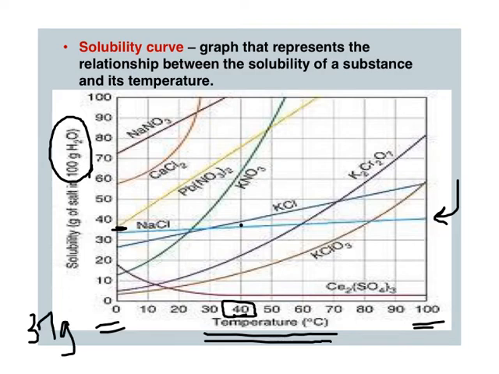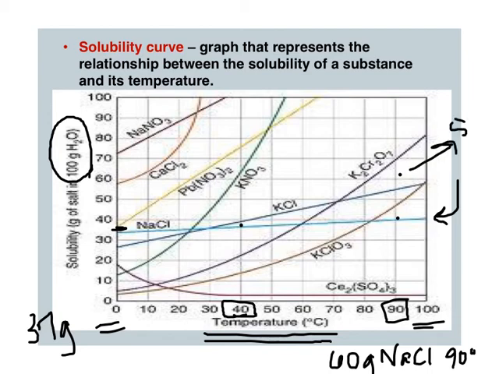But what if I said I pour 60 grams of salt, NaCl, in, and I'm at 90 degrees Celsius? Well, you need to check both of those. At 90 degrees, it's saturated at 40. So if I pour 60 grams in, that would be what we call supersaturated, okay?